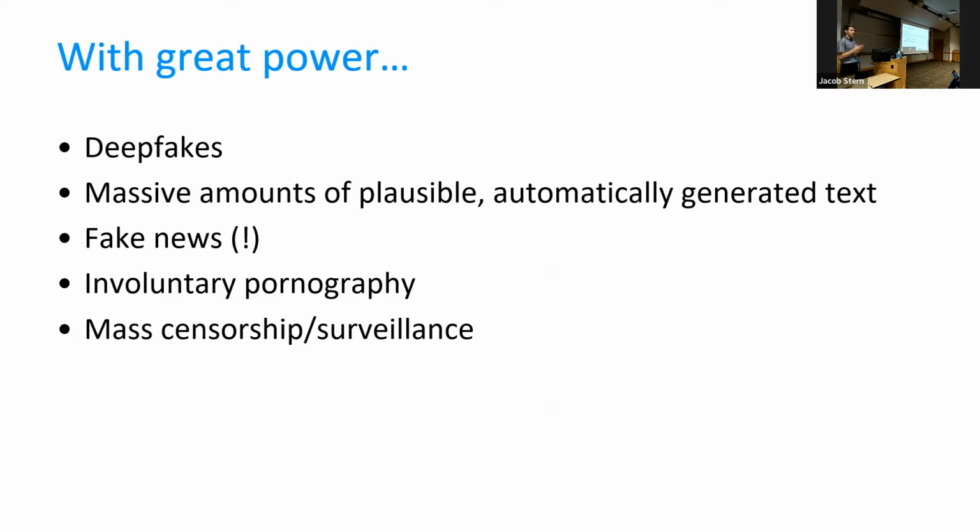A lot of these models can generate text that is indistinguishable from human writing, which you can imagine being used for fake news and things like that. On even worse ends, involuntary pornography. And in my opinion, some of the greatest concerns are that artificial intelligence allows you to do things that a human would normally do on a scale that is unprecedented because you now have computers that can do that.